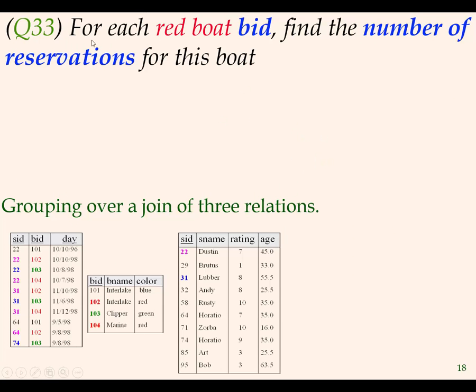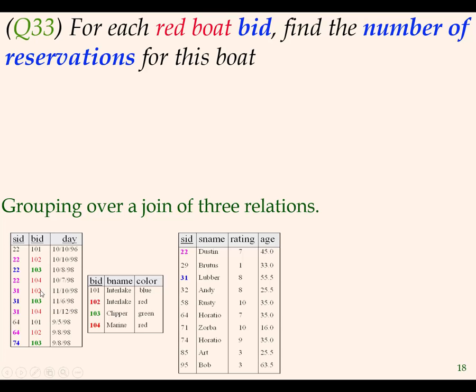Okay, let's answer this question. For each red boat, 102 and 104 are red, find the number of reservations for this boat. The reservations are in this table. For 102, that's 1, 2, 3. For 104, that's 1, 2.